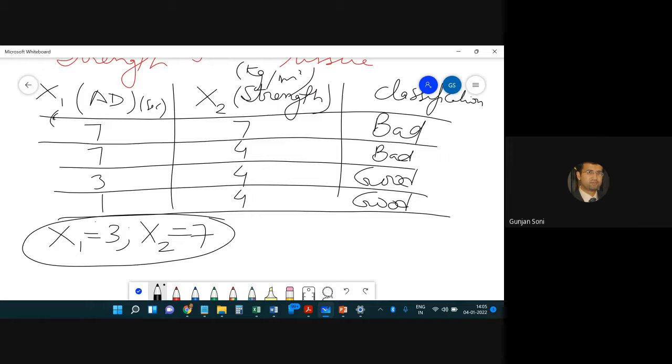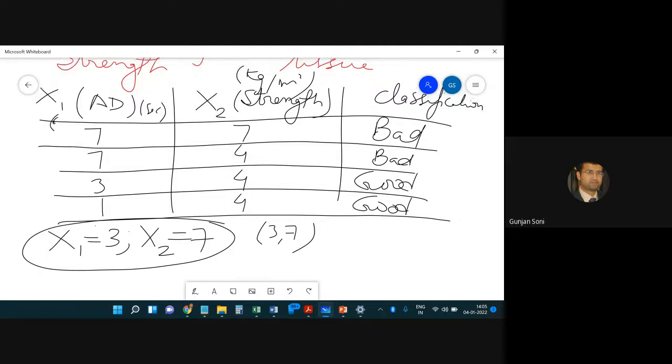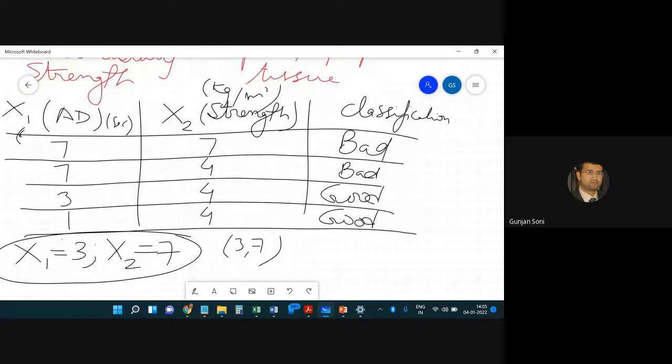First, we find out the distance of the point 3,7 from each of these. So we extend this table. I'll remove this and make a new table instead.